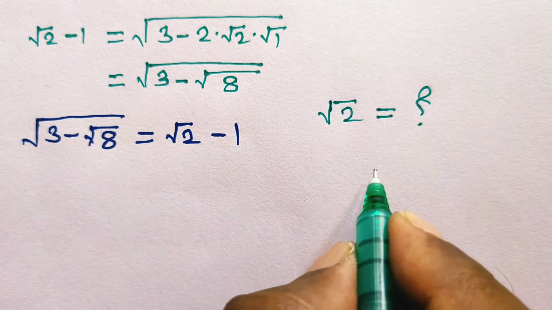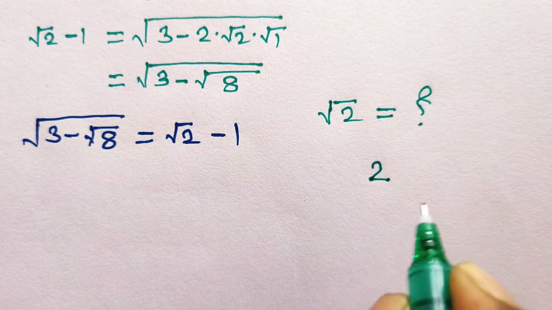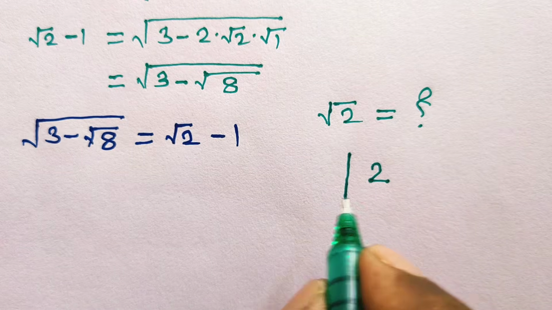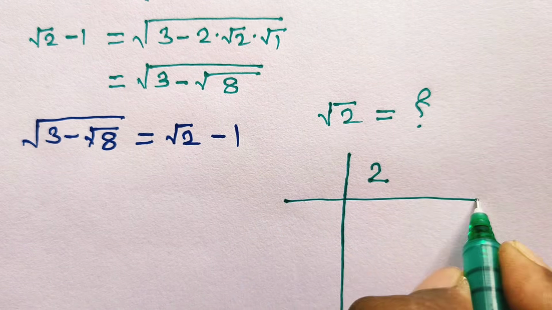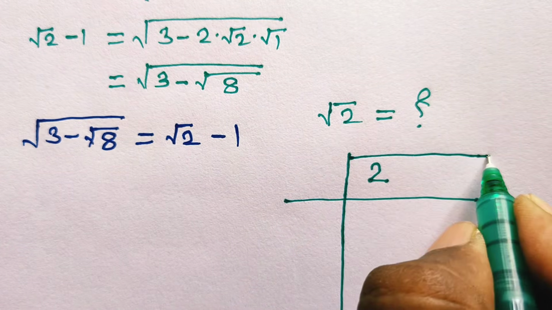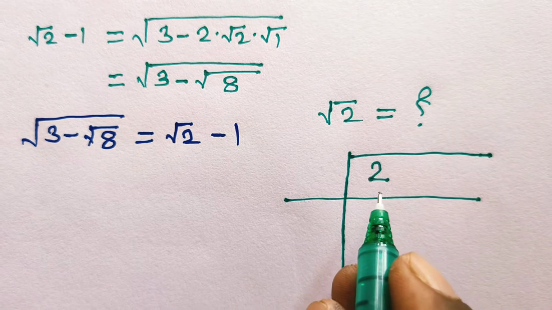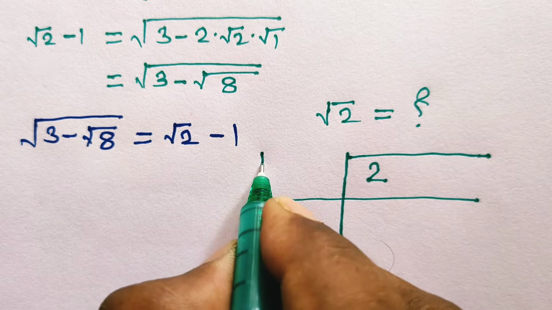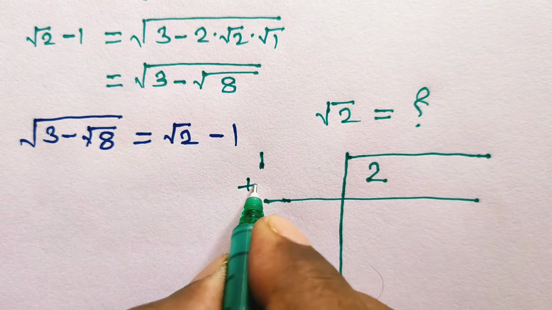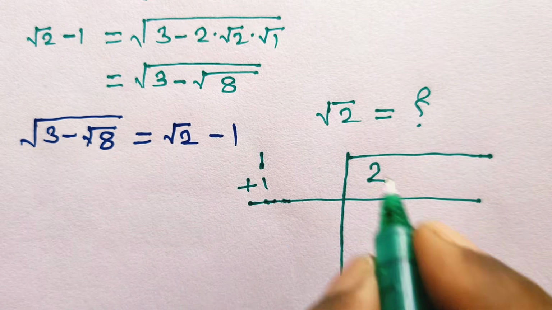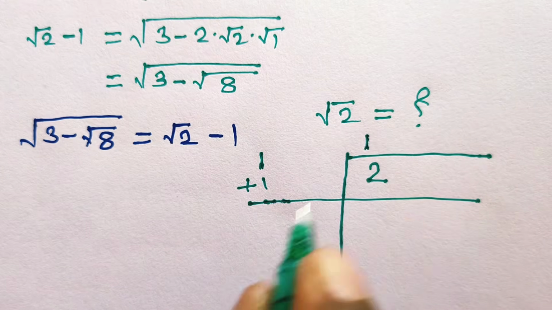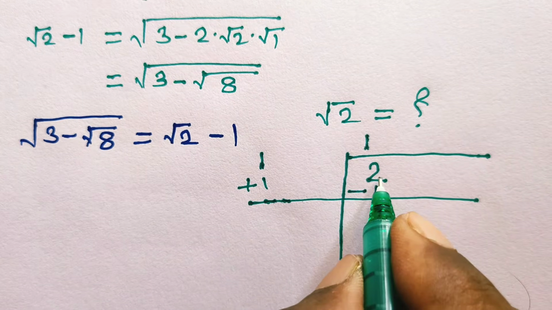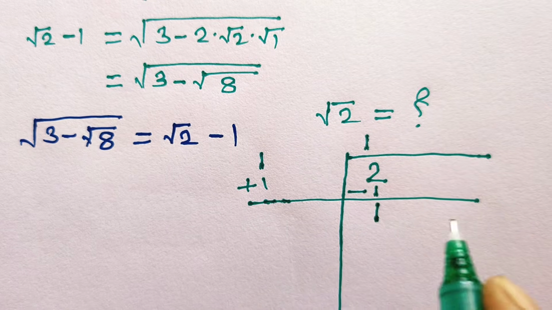So 2 is here, then we can take 1 here, 1 plus 1, take that 1 here also, 1 into 1, 1, subtract, 2 minus 1 is 1.